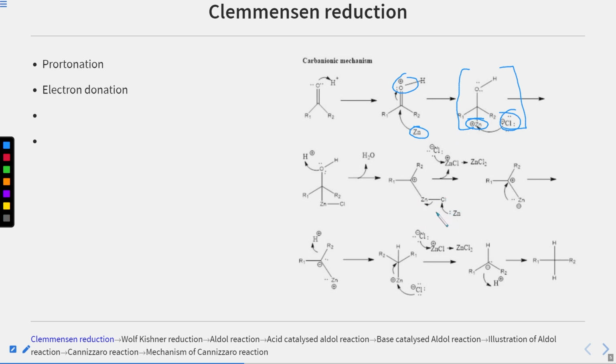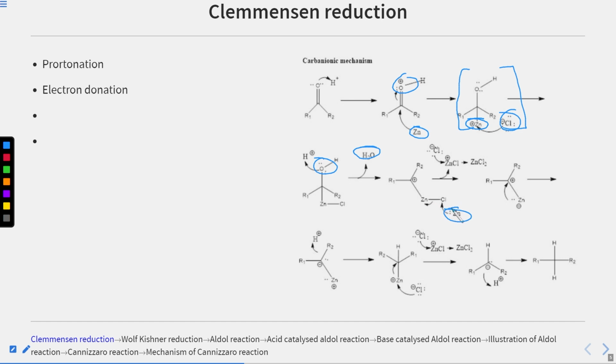Now another zinc will take this Cl and we will have Zn minus. You can see here. Before that, the oxygen present here is protonated and thrown out, or you can say it has left this group, forming H2O. And you know water is a very good leaving group, so it will leave this center and create a positive center here, that is a carbocation.